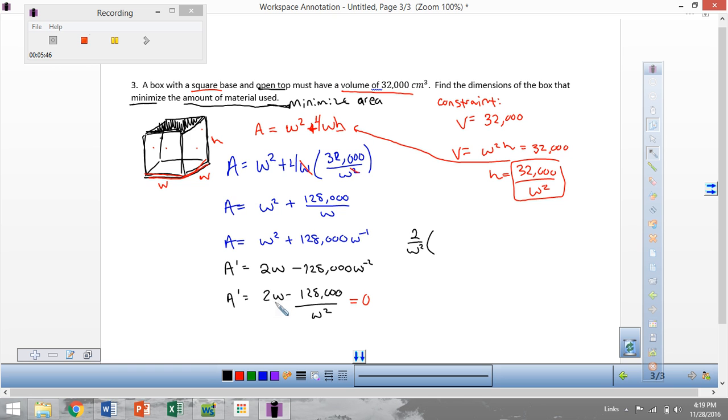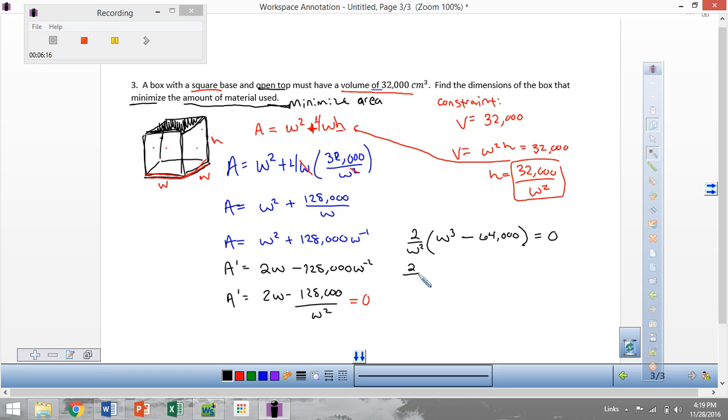And that means that this term, the 2 is gone. I need it to end up being W, which means this needs to be W cubed. Right? W cubed divided by W squared would give me W. Minus, again, I factored out a 2 from the 128,000, so it's going to be 64,000. And I already took out the over W squared, so that's gone. So I have that equals 0.